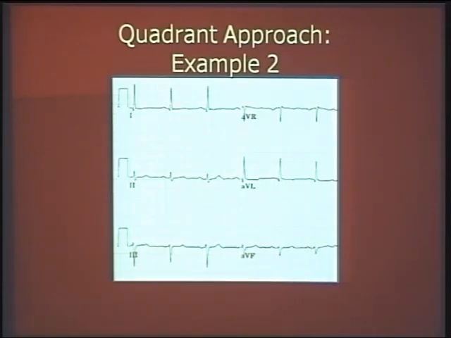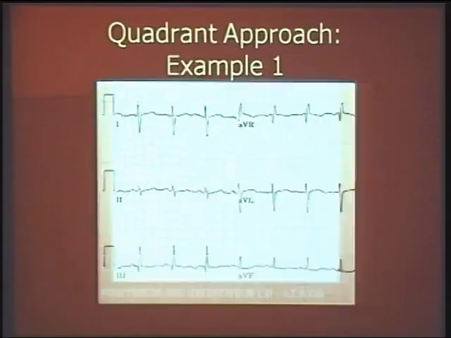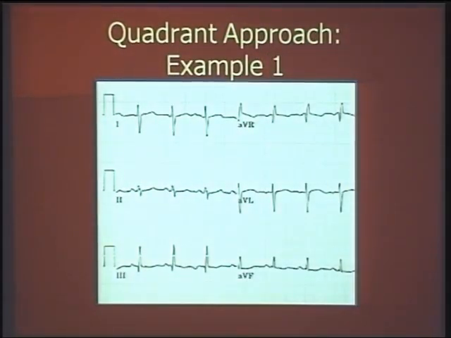L1. AVL, L1. L1 is the tallest. Number. Position. Horizontal. Normal axis, 0 and horizontal heart. Next, lead 3. Number. Louder. What is the number for L3? 120. Axis. Clinical scenario.